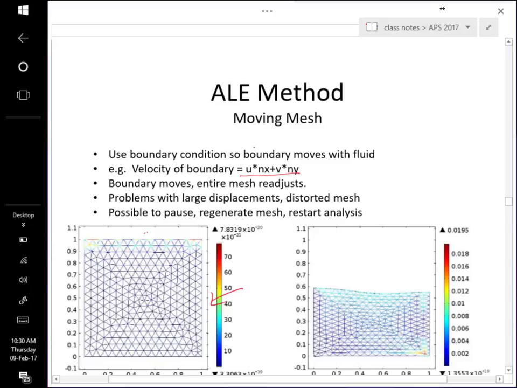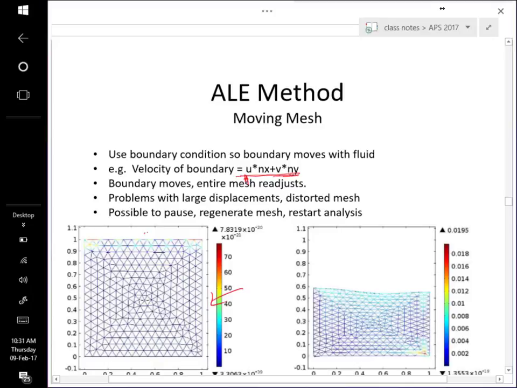So you'll see this written as the boundary condition where u is the x component of velocity and nx is the x component of the normal vector, and then this is the y component of the normal vector.